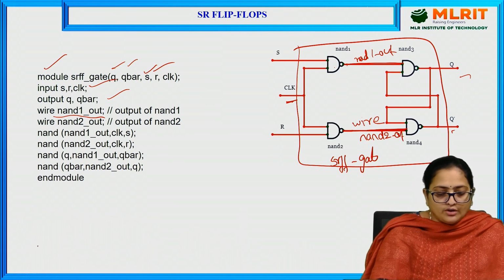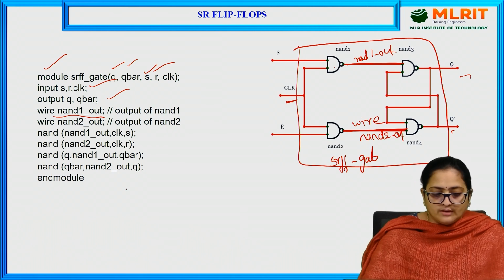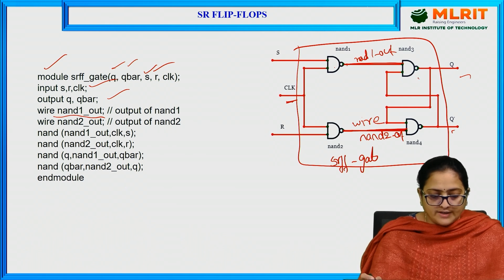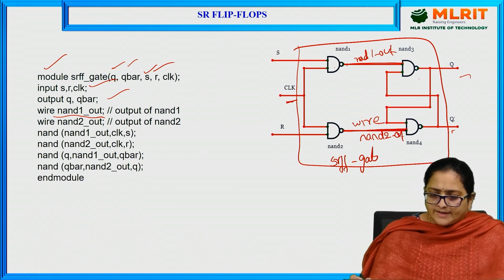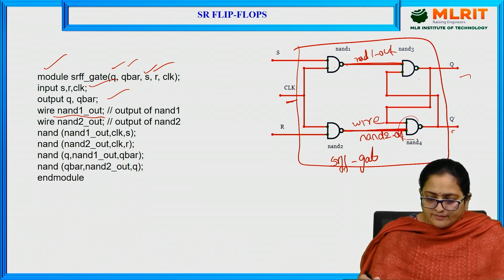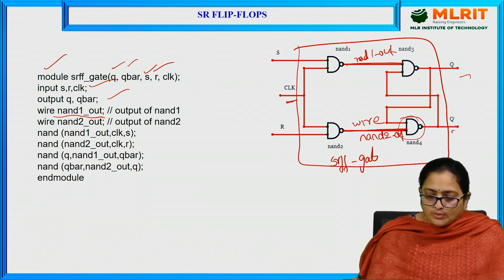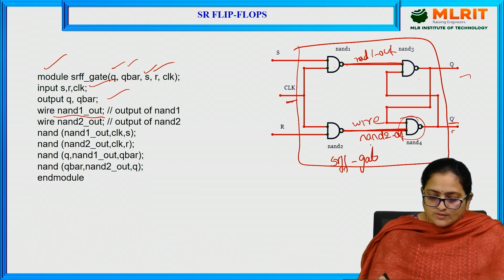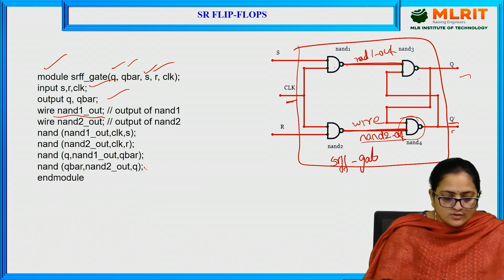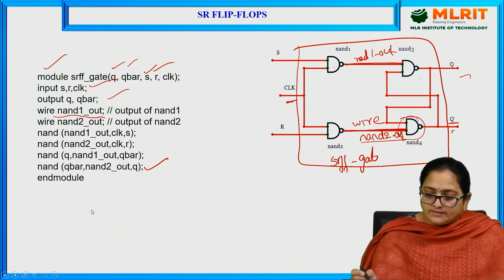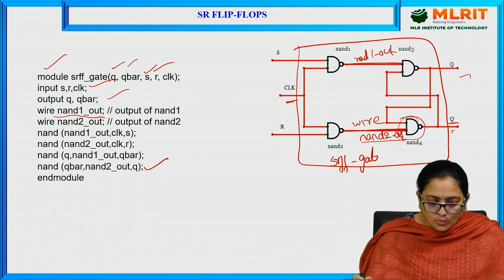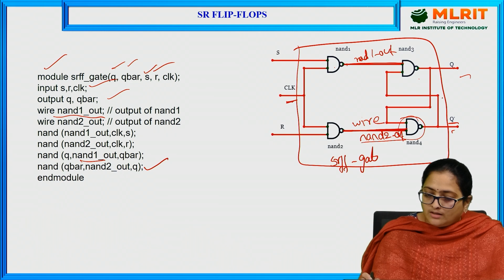Now calling the NAND gates. For this NAND gate the output is Q bar, and inputs are NAND 2 underscore out and Q. For this NAND gate the output is Q and inputs are NAND 1 underscore out and Q bar.